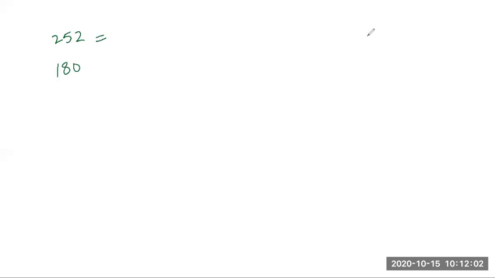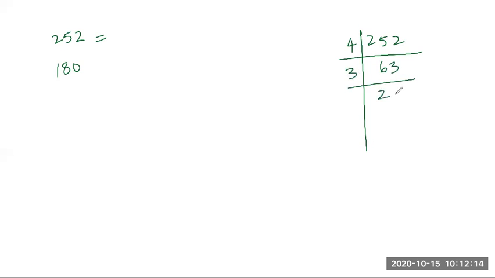If you factorize, 252, we can divide by maybe 4. So 4 sixes are 24, 4 threes are this, and then by 3, 3 twos are 6, 3 ones are 3, and then 7 threes are 21, right?